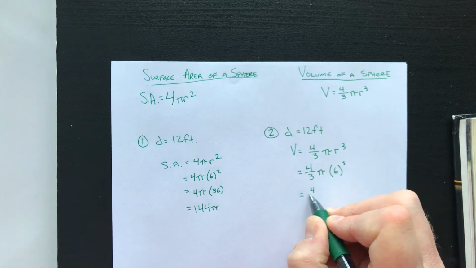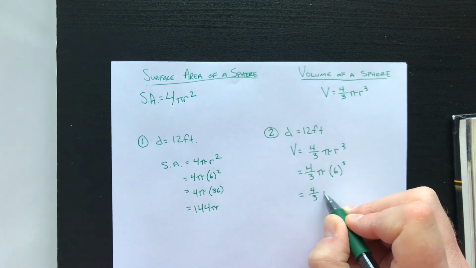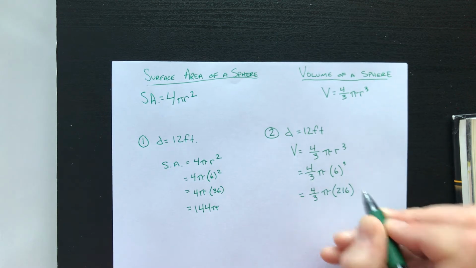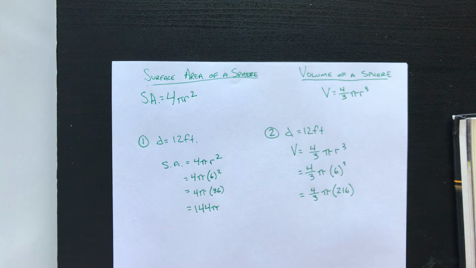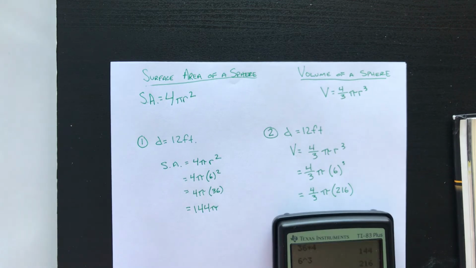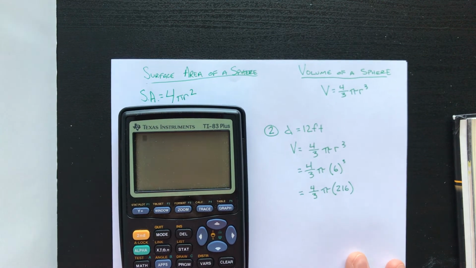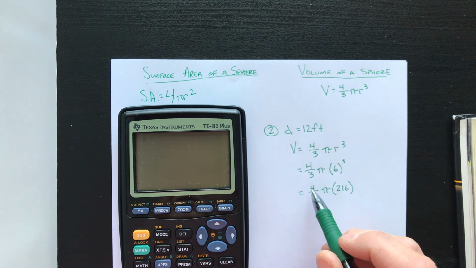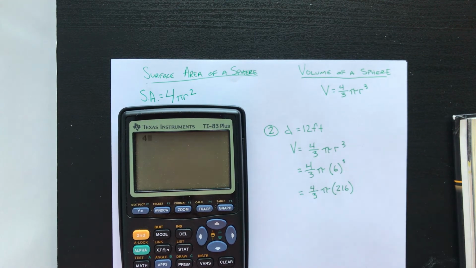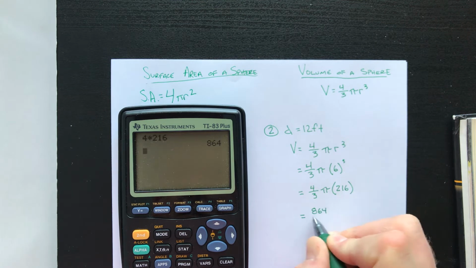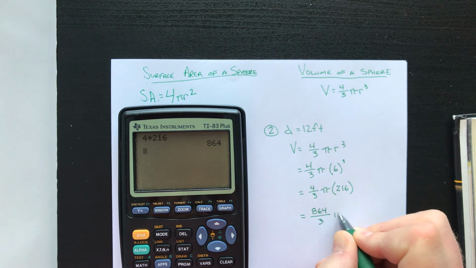So we have 4/3 pi times 216. Now, on my calculator on this problem, I'm going to multiply straight across. So I multiply 4 times 216, so I have 864 all over 3 pi.